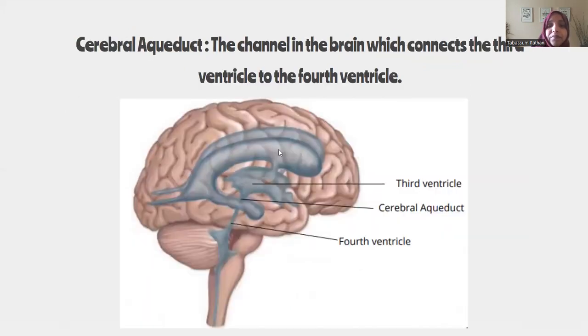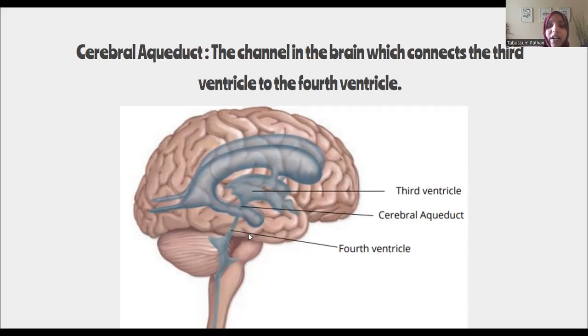Then there is this middle portion, known as the cerebral aqueduct, a channel in the brain which connects the third ventricle to the fourth ventricle. Basically, these are all the cavities that have cerebrospinal fluid in them.